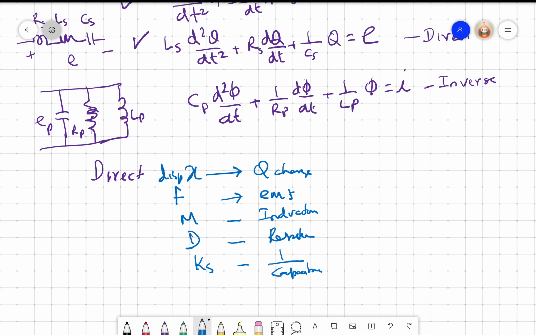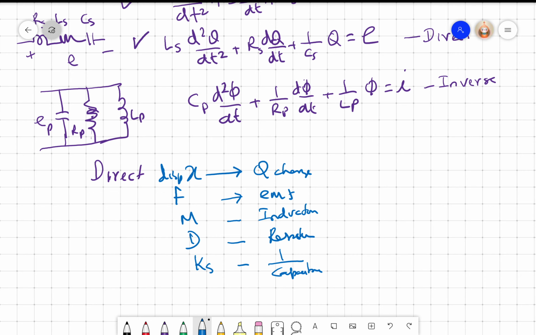So we can look at the two equivalents and we can use either one of them. It depends upon the particular type of equivalency that we want to look at, right? Okay.